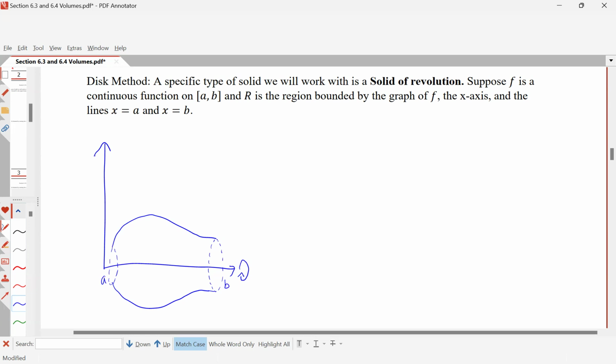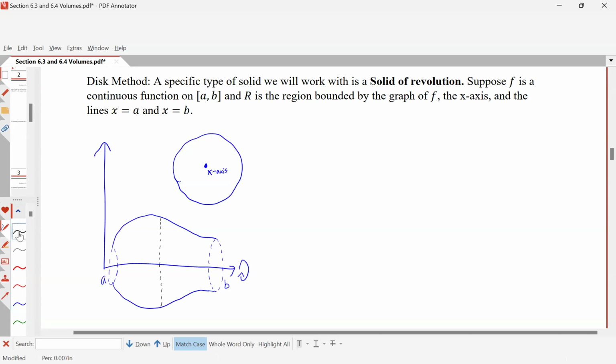Then, if we were to slice perpendicularly to the x-axis, slice all the way through, because we've rotated this function around, when we look at the cross-section, it'll be a circle, where right in the center, we have the x-axis.